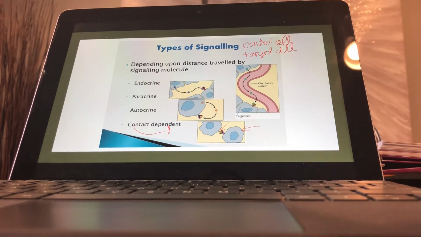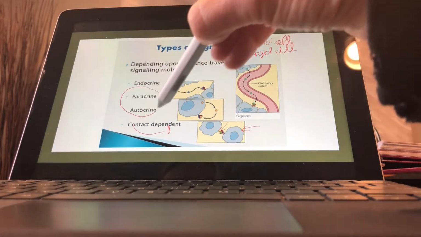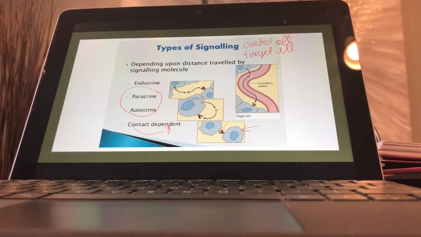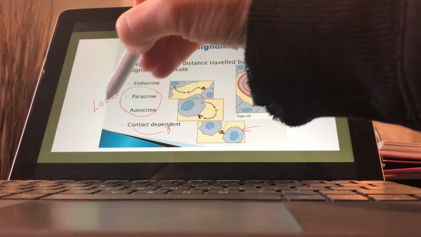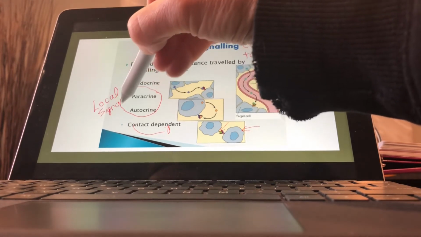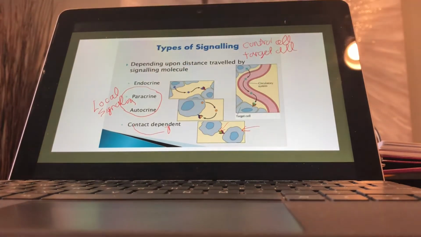All right, now, these 2 here, the paracrine and autocrine, these are not in direct contact with each other, but it's classified as local signaling, which means that they are not that far apart from each other.